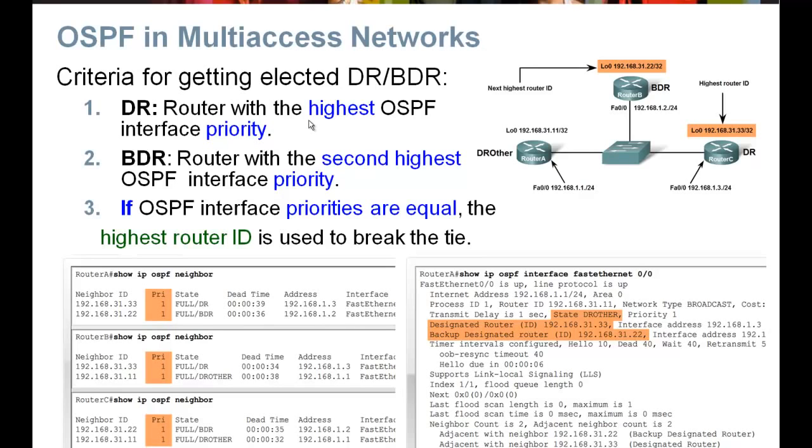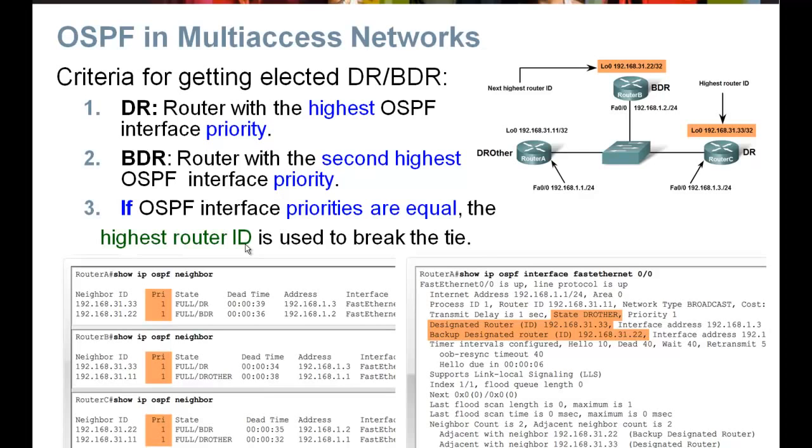So if you have not changed the priority, then it goes to the router ID. Remember, the router ID is set either manually with the router-id command, or it's the highest IP address of a loopback interface, or it's the highest IP address of an active physical interface. So with the designated router, it's either the highest priority or the highest router ID if no priority has been changed.